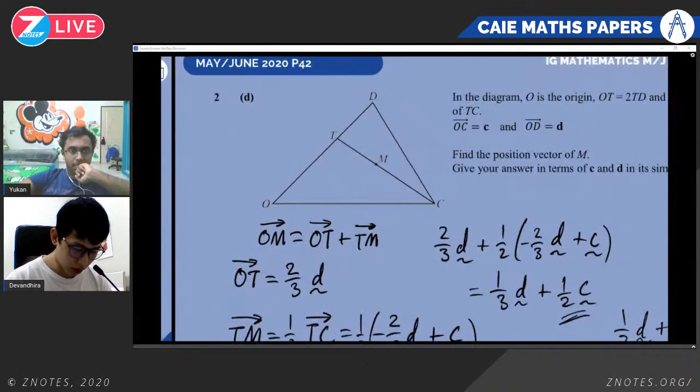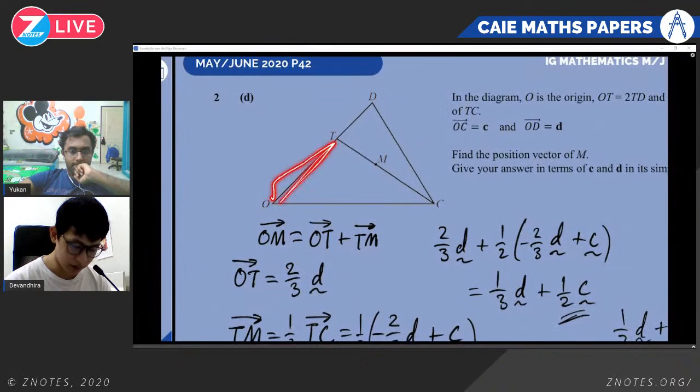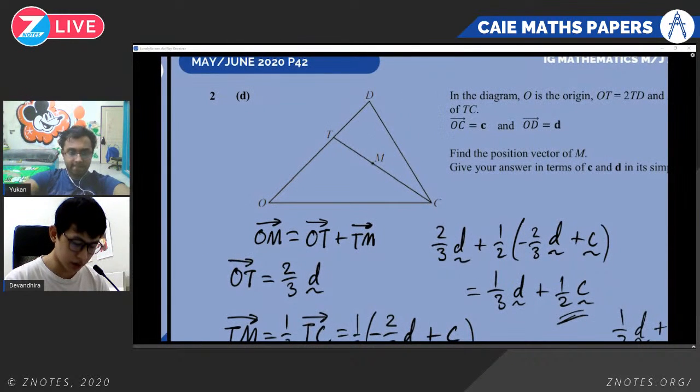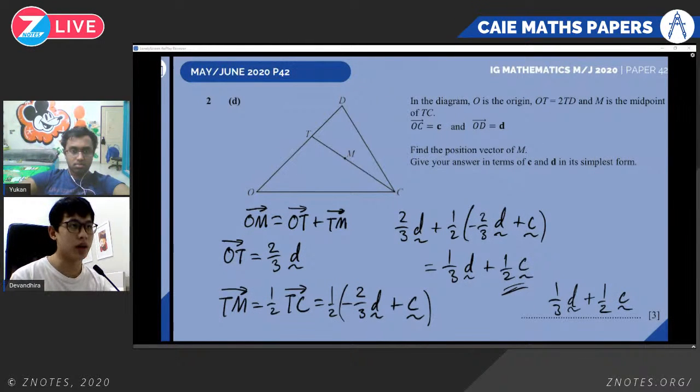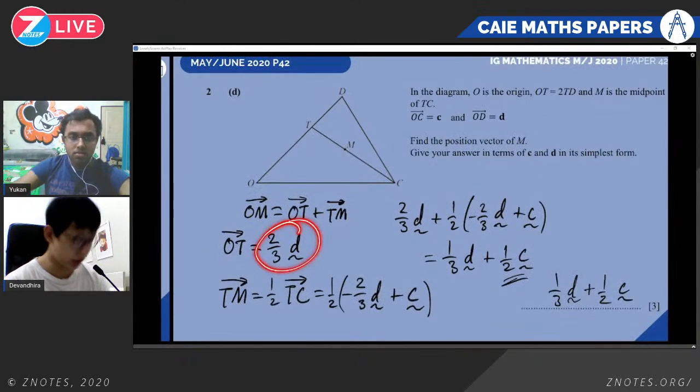And we know that OT, right here, is just 2/3 of D, because this whole thing is D. Sorry, I'm very bad at drawing it. Since OT is 2 times TD, that means OT is just 2/3 of D, right? That means we know what OT is.